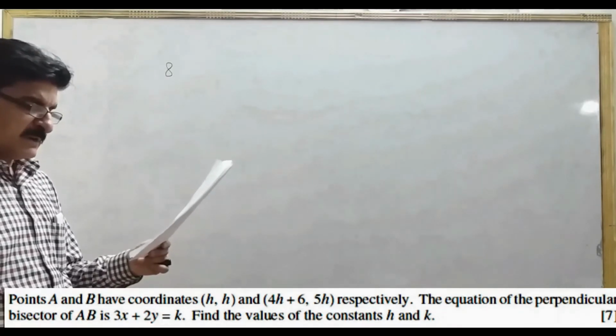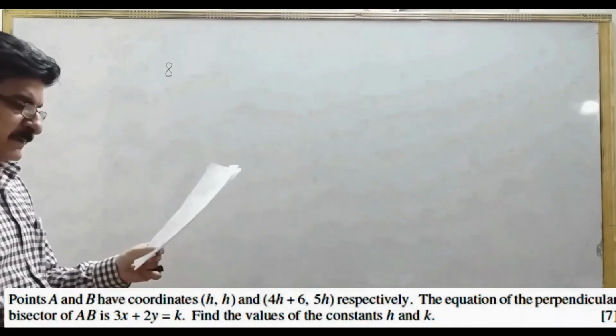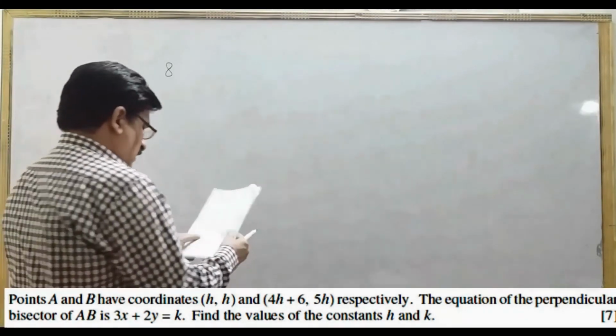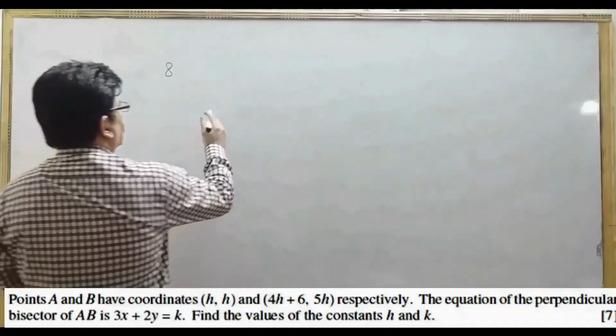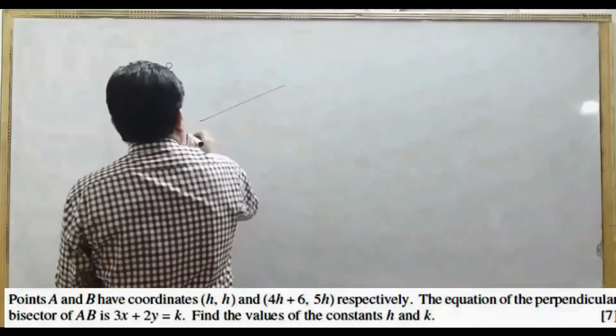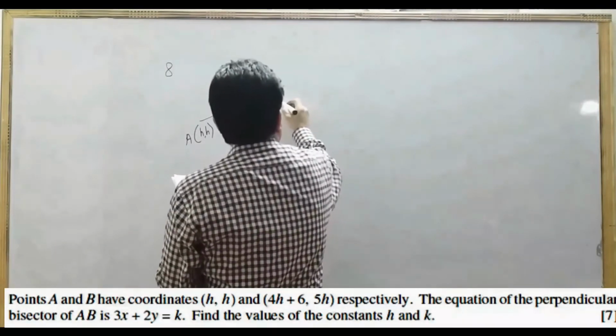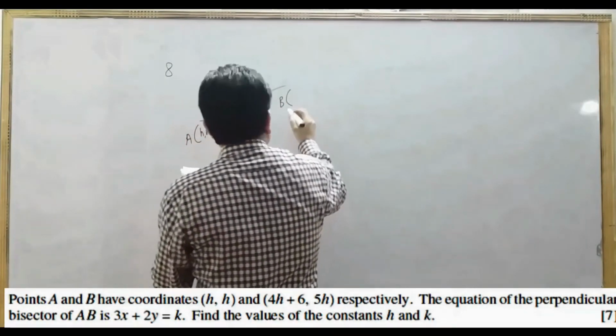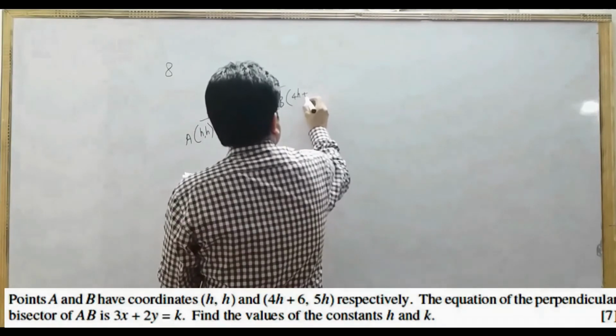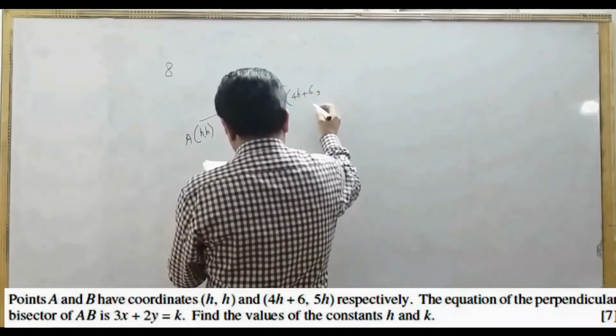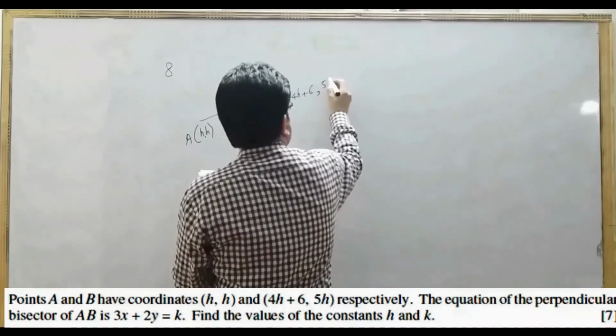Find the values of the constants h and k. Now firstly, say this point is h, 4h, this point is 4h plus 6 and 5h.